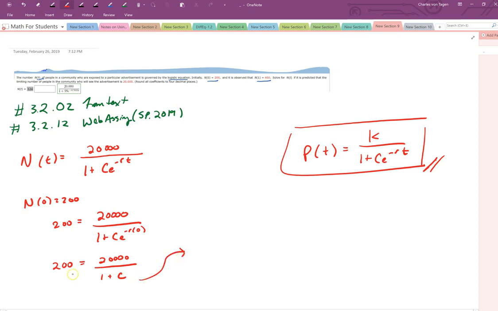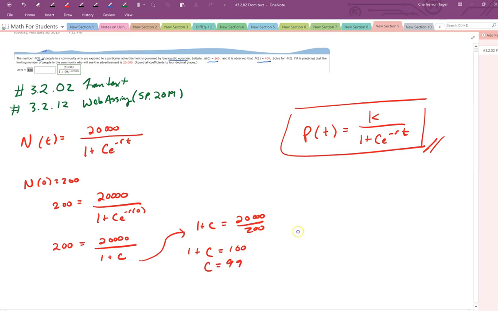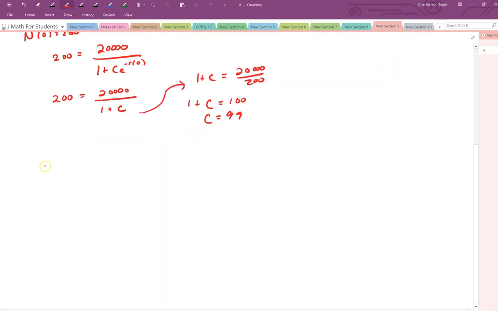So multiplying both sides by 1 plus c and dividing both sides by 200 gives us 1 plus c is equal to 20,000 over 200, or 1 plus c is equal to 100, so c is equal to 99. So at this point we know that our model is n of t equals 20,000 all over 1 plus 99 e to the minus rt.